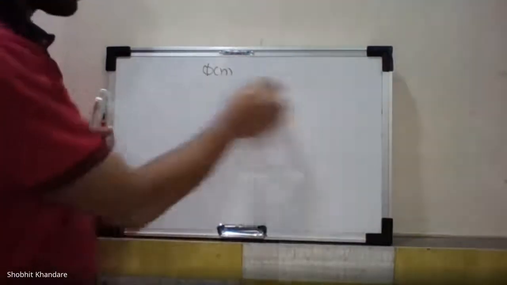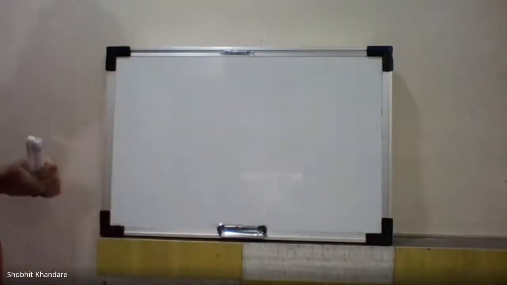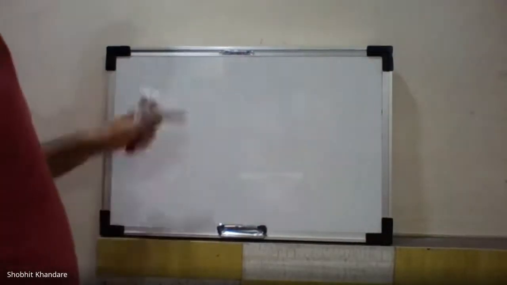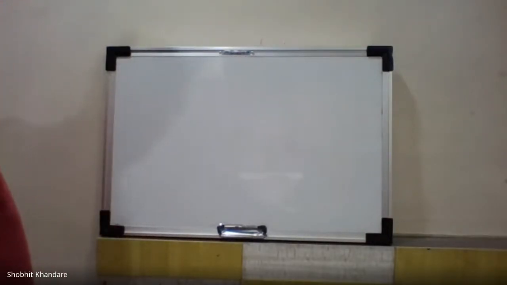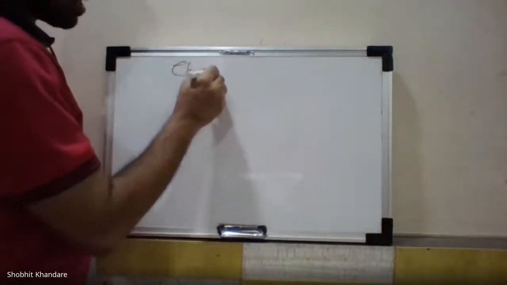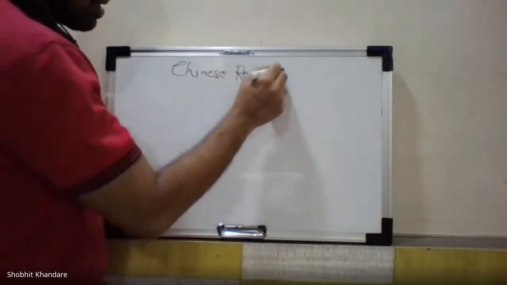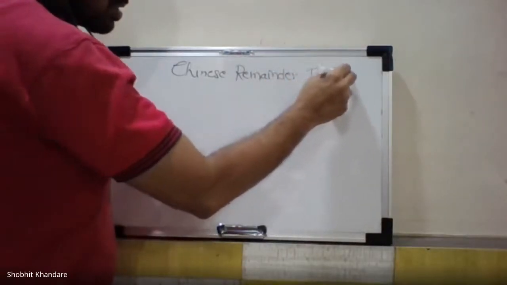We'll see the Chinese remainder theorem, and some problems we'll solve afterwards. Remainder is the important word in this. Write down Chinese remainder theorem.